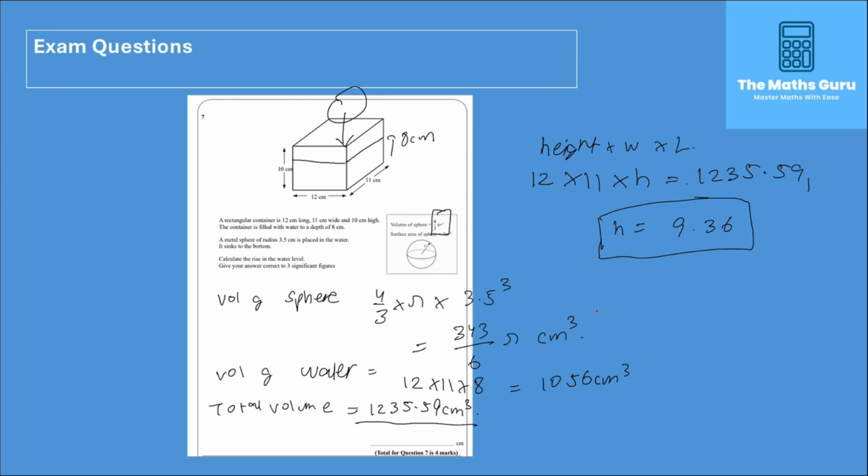So to work out the rise in the water level, we need to use the original level of the water, which was 8, and subtract it from our new height to work out that the rise in water level is 1.36 centimeters.